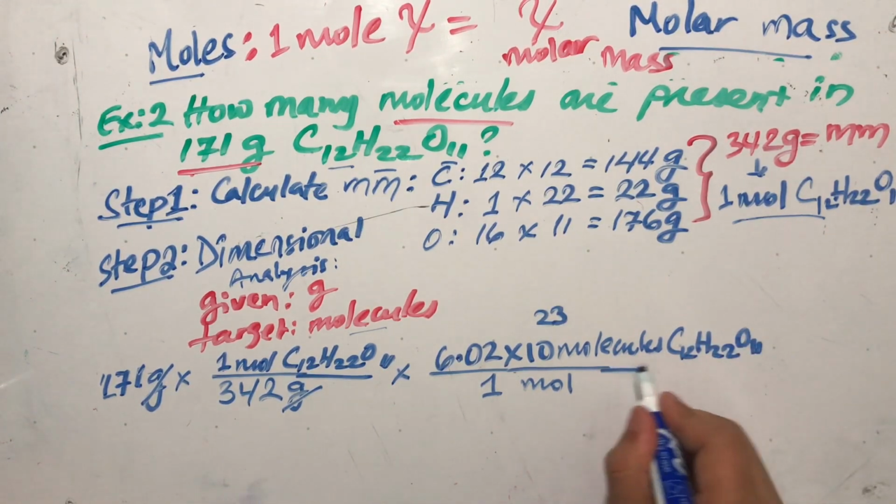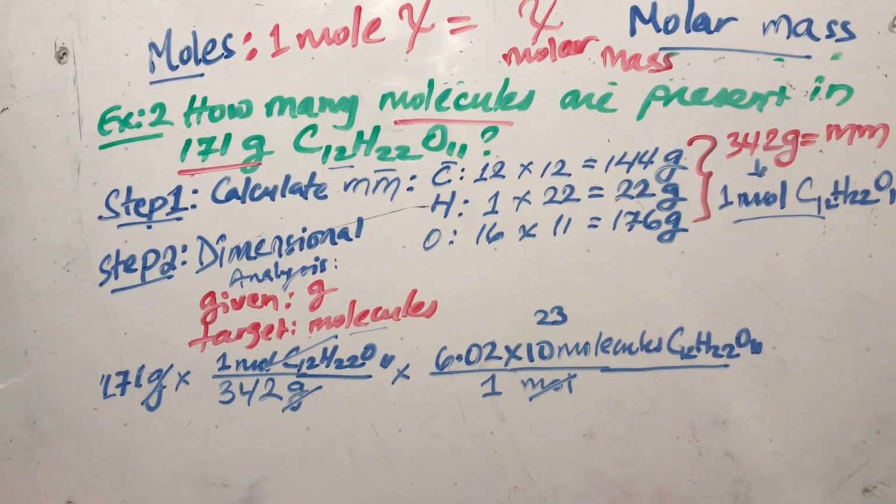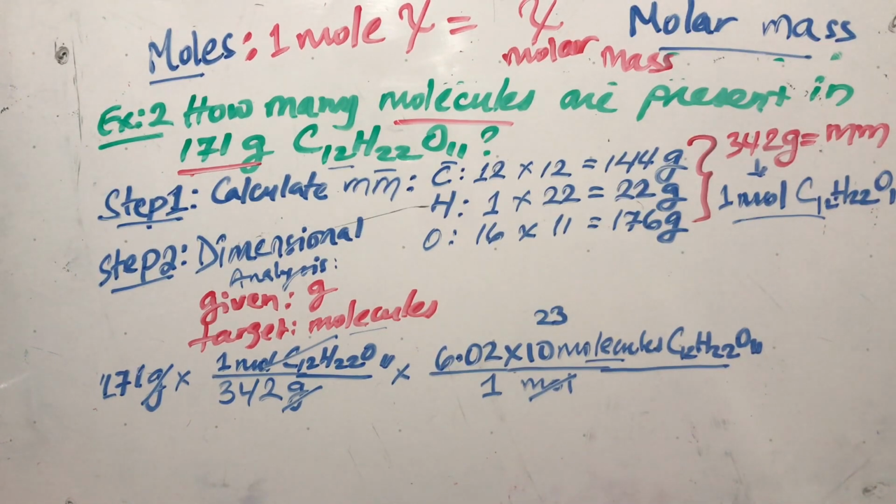C12H22O11, and you cancel moles and moles. Now you are left with molecules, and that's our target unit. Now all you have to do is multiply the tops and write at the top.